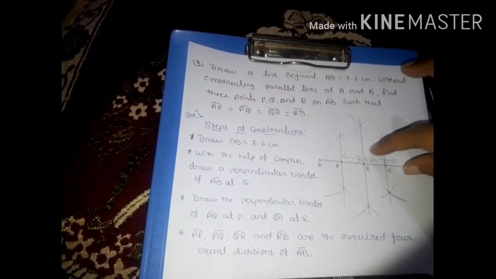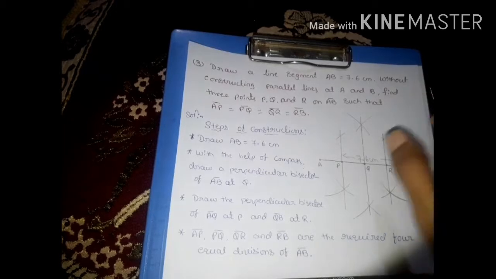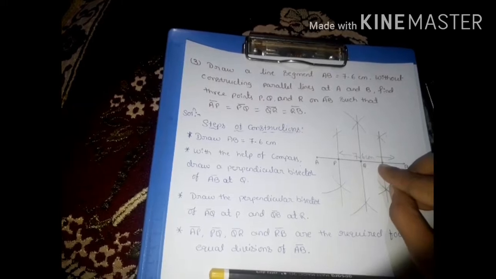From point B, one arc above, one arc below. From point Q, again cut the arc you drew before. So you will get these two arcs. Join these two arcs. Now the line will meet QB at the point R.